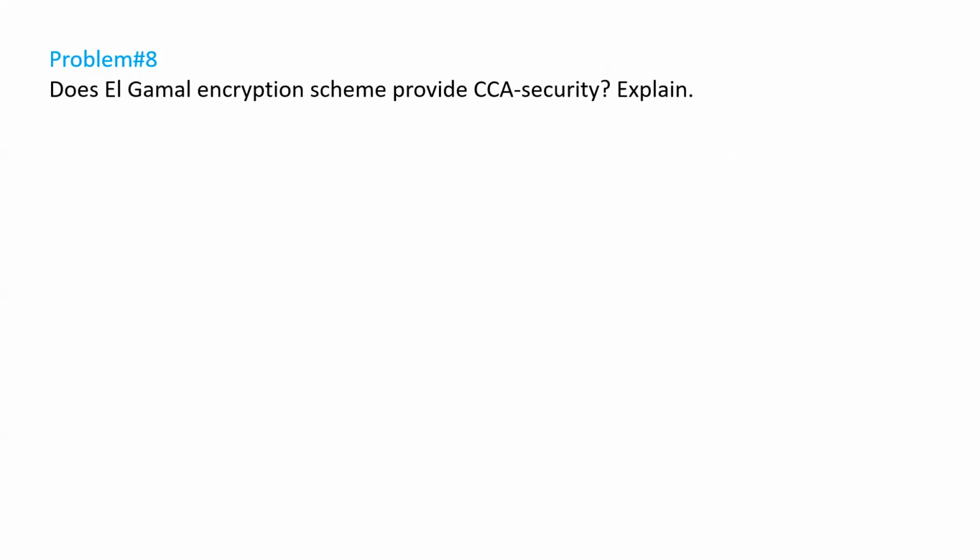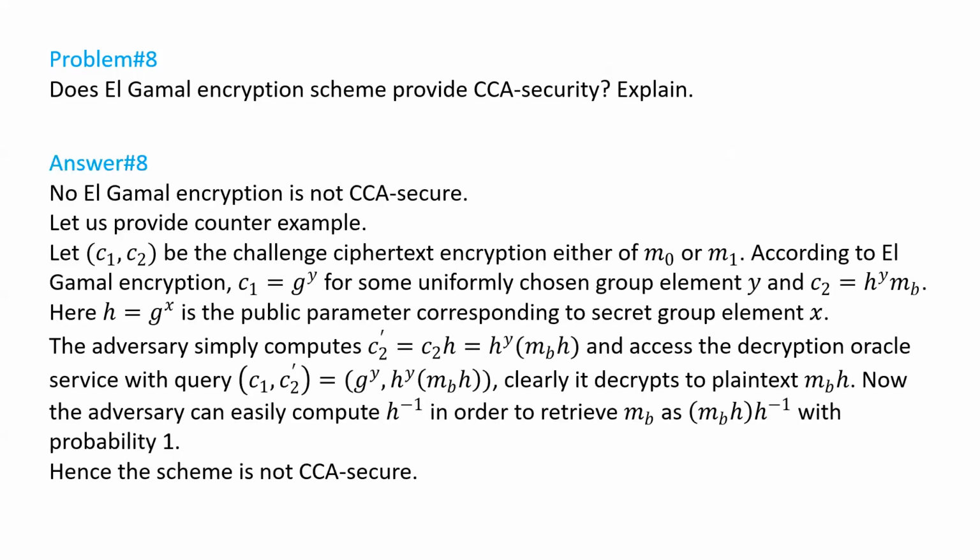And if you are asked to show that ElGamal encryption does not provide CCA security, then you have to find a way by which, exploiting the free access to the decryption oracle, you are able to say whether the challenge ciphertext is an encryption of M0 or of M1. So let's see the answer.